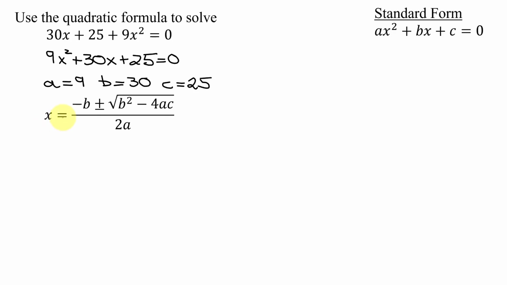Here it is, x equals negative b plus or minus the square root of the quantity b² minus 4ac, all divided by 2a.